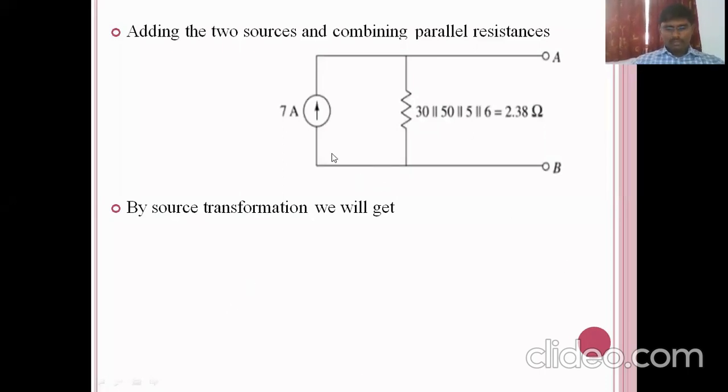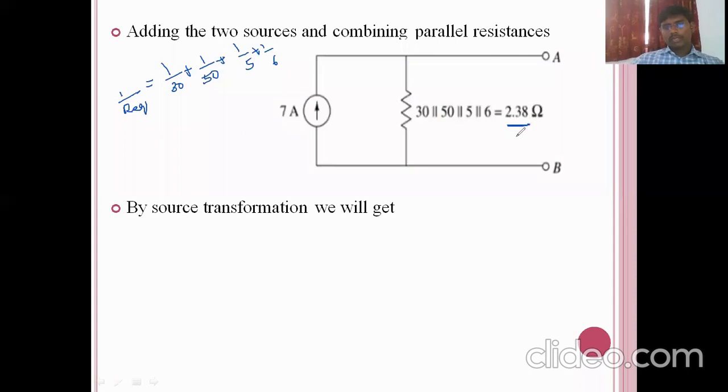Here, calculate its equivalent. So 1 by R equivalent is equal to 1 by 30 plus 1 by 50 plus 1 by 5 plus 1 by 6. With that, you can get the total resistance as 2.38 ohms.